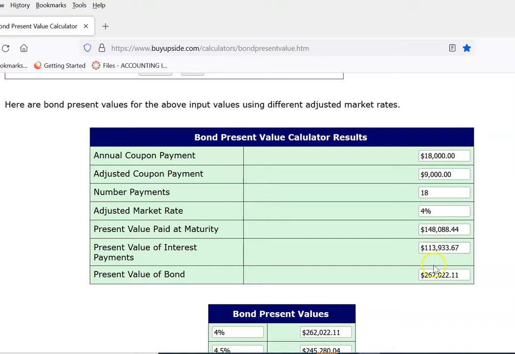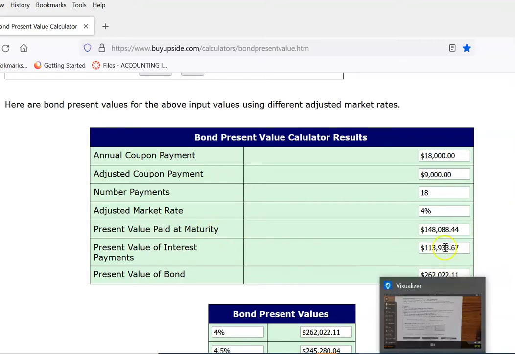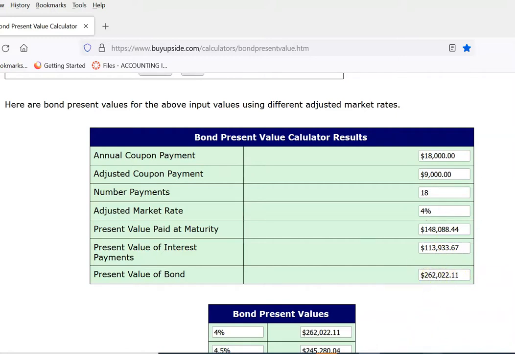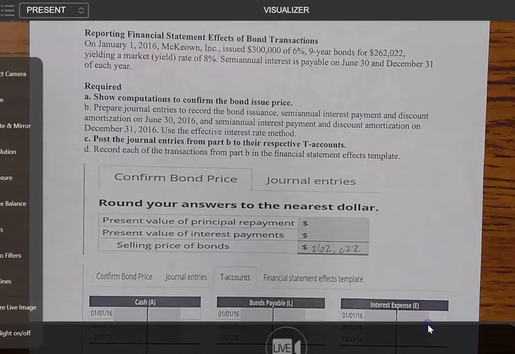So make note of those numbers. We're going to use 148,088 for the present value of the principal, worded a little bit differently, but that's what it means. And then we're going to use 113,934 for the present value of the interest payments. All right, and again, these two figures add up to the 262,022.